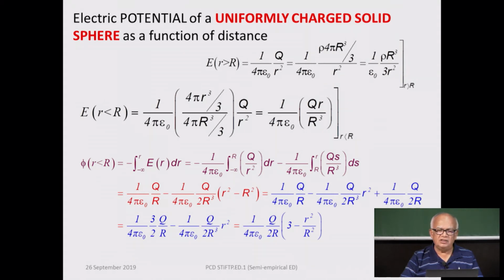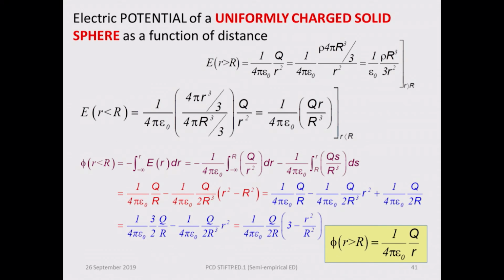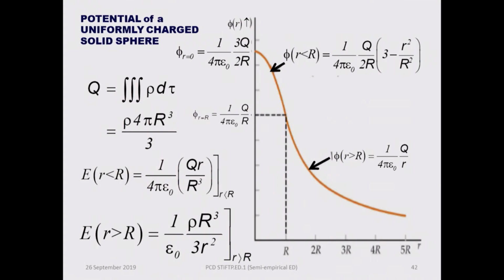So, when you carry out this integration, it is a very simple straightforward integration over one variable, and you can find what is the potential at a given point inside this, right. So, outside this spherical region, it is even simpler, it is q over r, right, for exactly the same reason, and you can sketch it as a function of distance from the center.